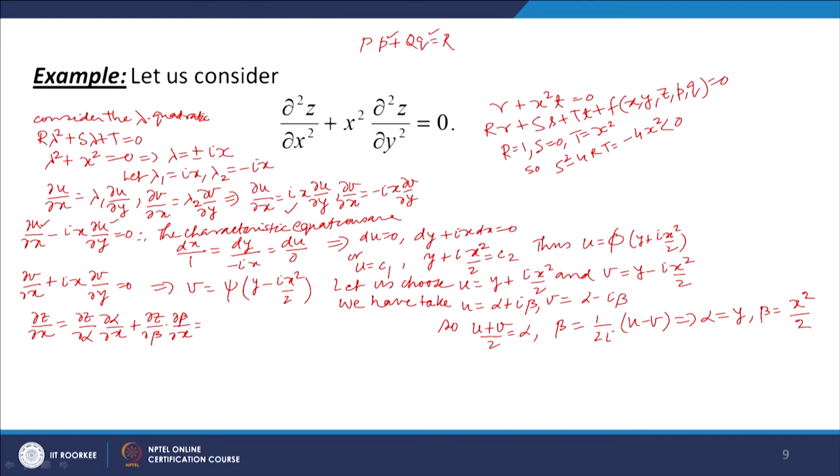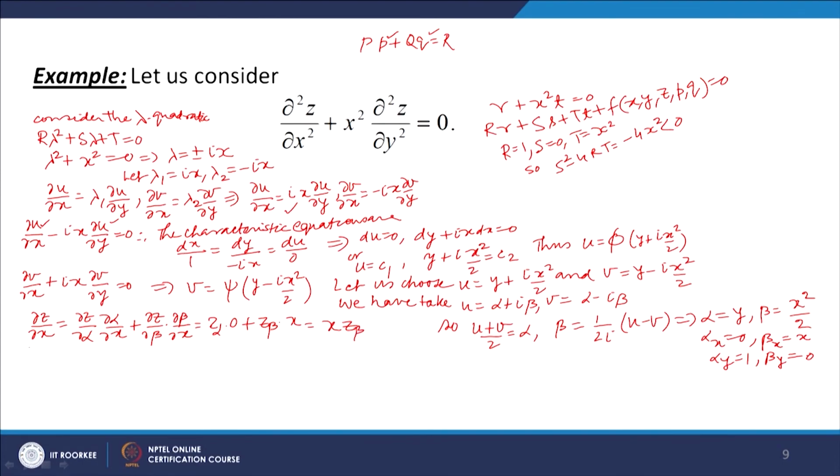So, alpha x equal to 0, alpha y equal to 1, beta x equal to x and beta y equal to 0. Okay. So, what do you get? Alpha x is equal to 0. So, z alpha into 0, z beta into beta x, that is x. So, we get x into z beta.